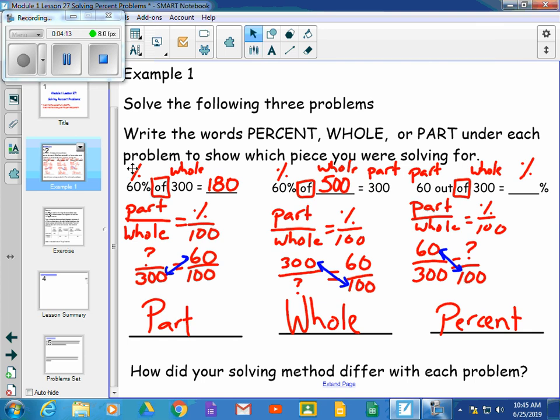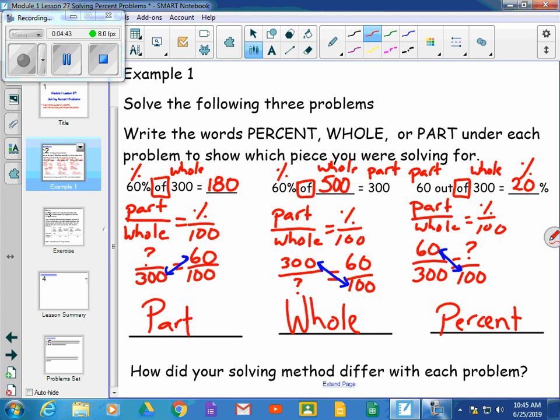Do that first. 60 times 100 equals 6,000. And then we're going to divide it by the 300. And I get 20. So my percent is 20%. Now they gave me the percent sign, so I don't need to add it on there. But if I'm finding the percent and they don't give me the percent sign, I always want to make sure that I include it, so I know that it's a percent.